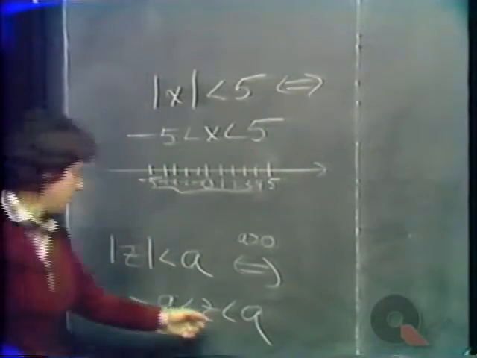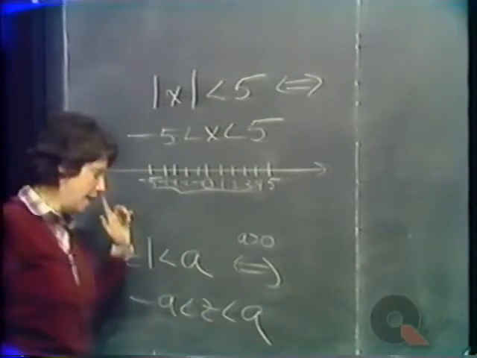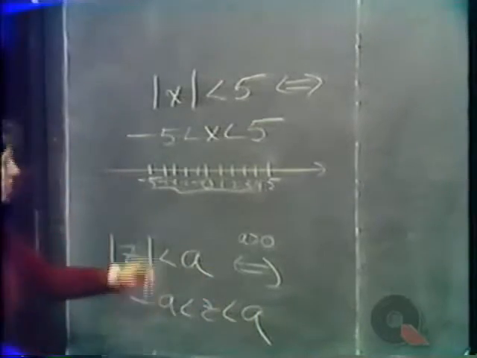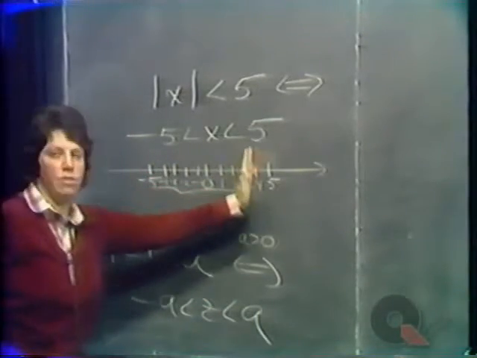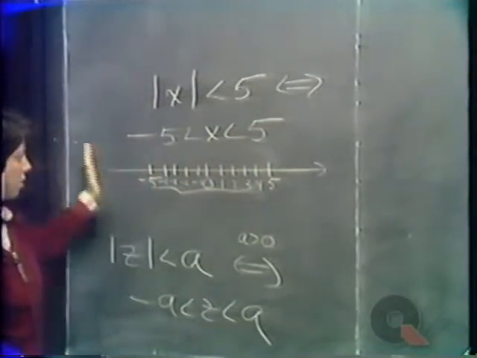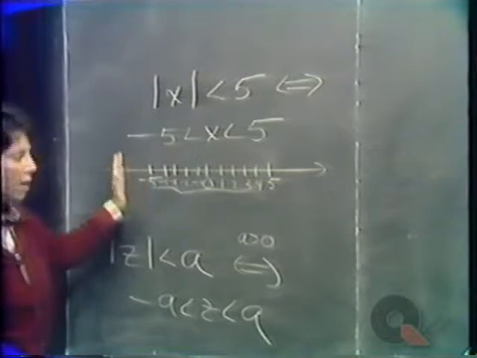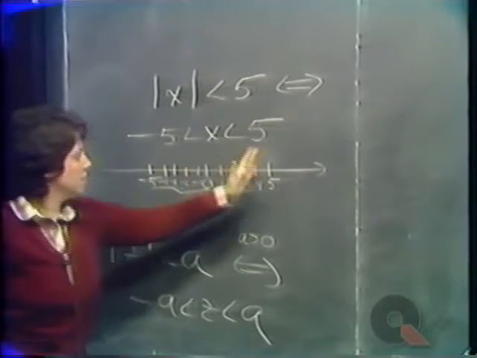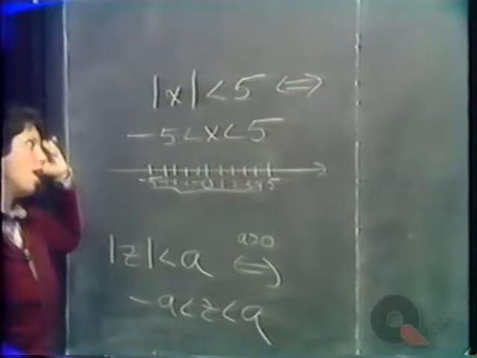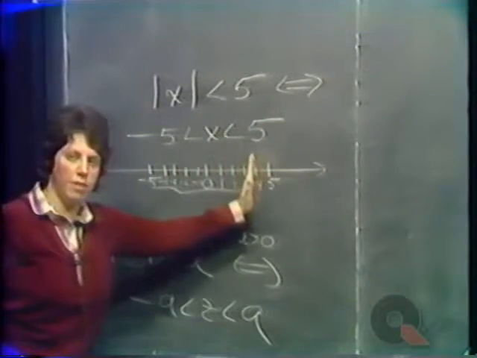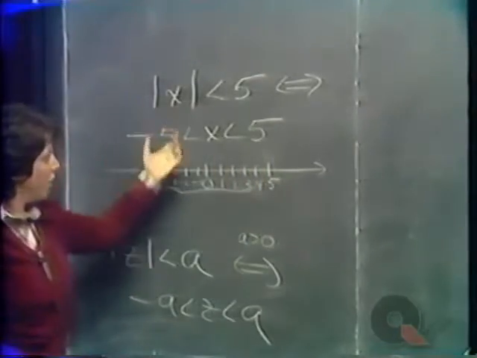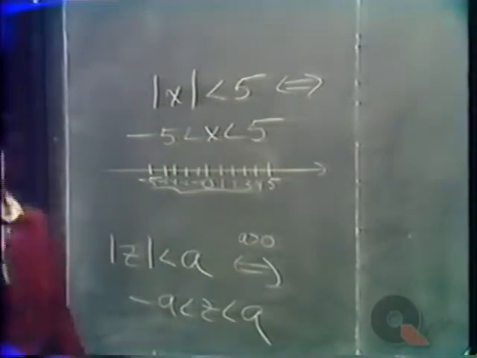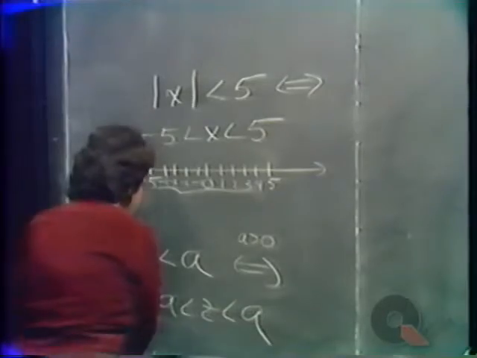This means z is greater than minus a and less than a. It is not enough, for example, to say that x is less than 5 here, because you can't go forever. If you hit minus 6, you're in trouble, or anything less than minus 5. x is less than 5, and at the same time, it's got to be greater than minus 5. This is the idea of "and" implied in this continued inequality.